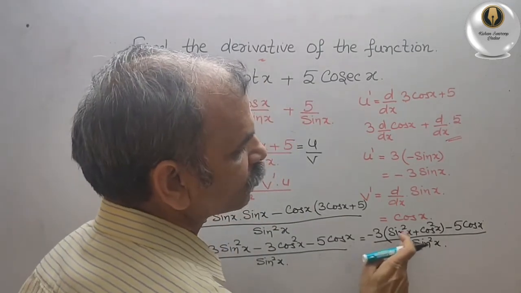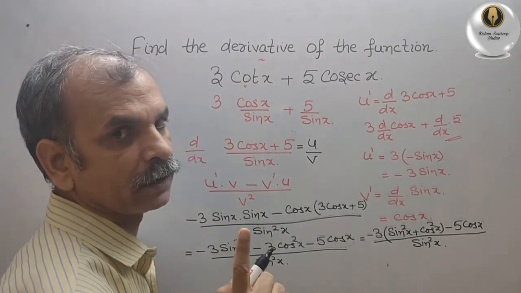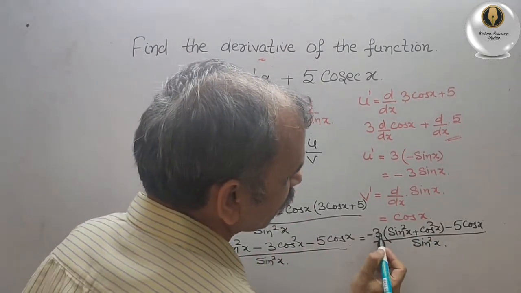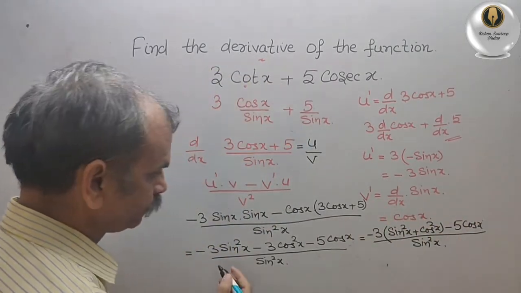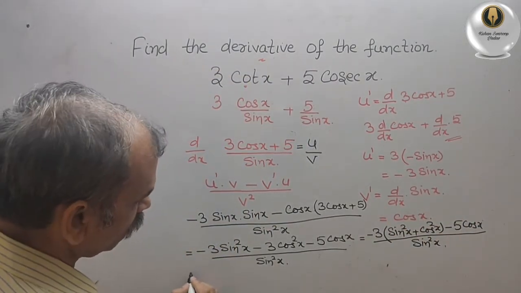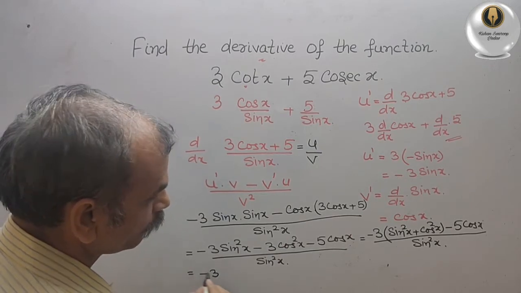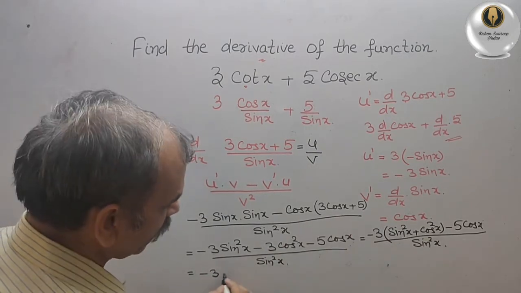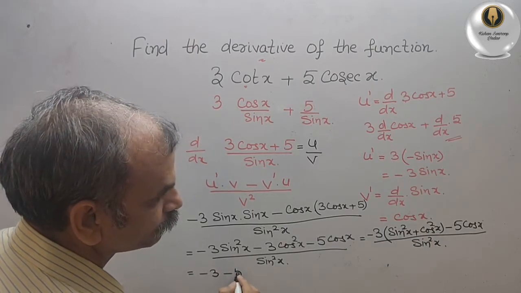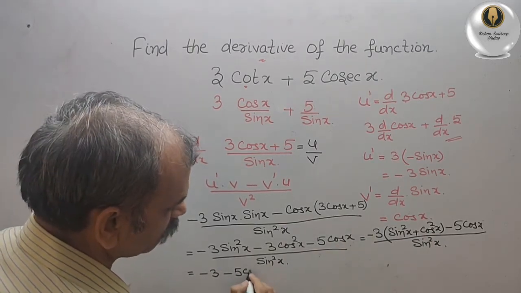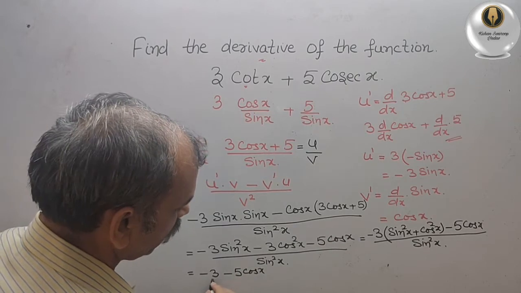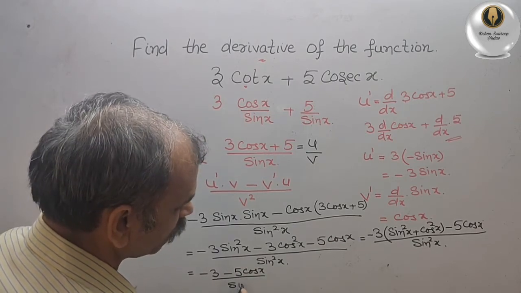We know that sin square x plus cos square x is 1. Therefore, minus 3 into 1. We will get what? Minus 3 minus 5 cos x by sin square x.